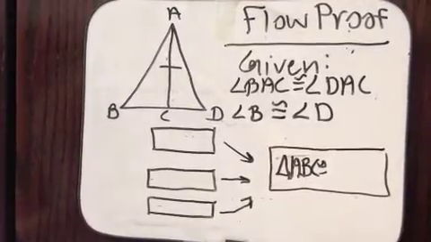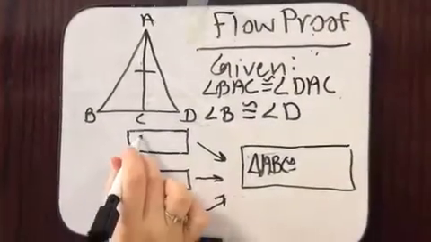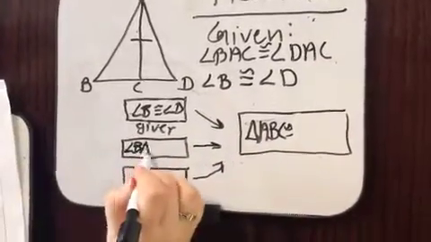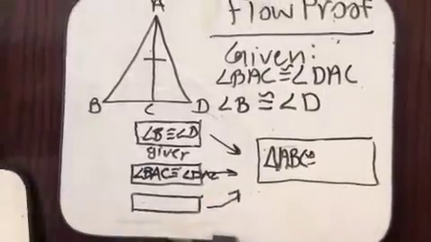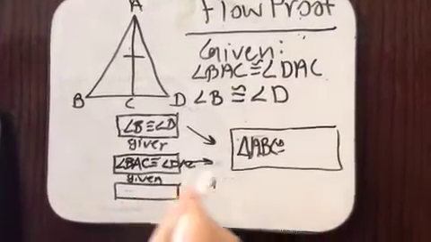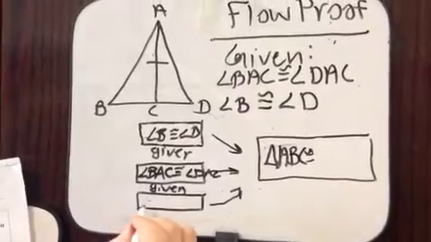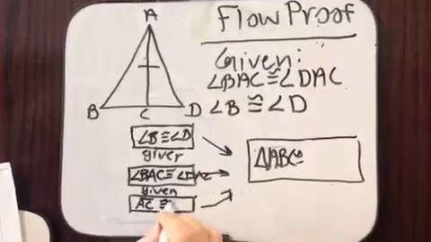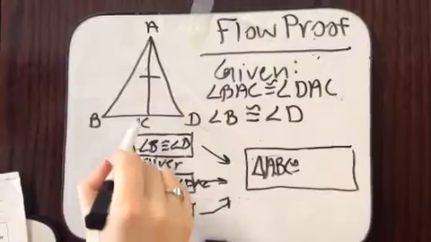Going back to the reflexive property example, we will now show you how to do a flow proof. With these given statements, we can infer that line AC is congruent to line AC because it's a shared line.